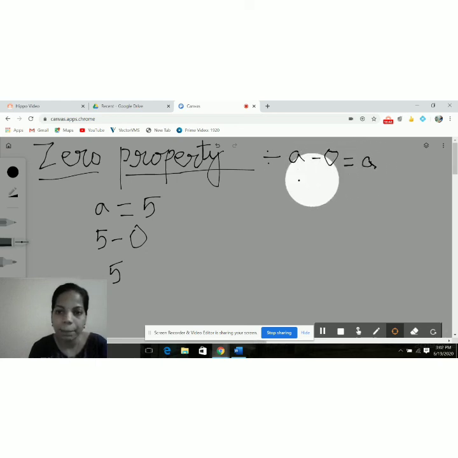So let us take an example for that. Let us take a is equal to 5. Okay. A minus 0, that means 5 minus 0. 5 minus 0, how much? 5, which is the value of a. So I did a minus 0, which is 5 minus 0, and I got the value of a, which is 5.